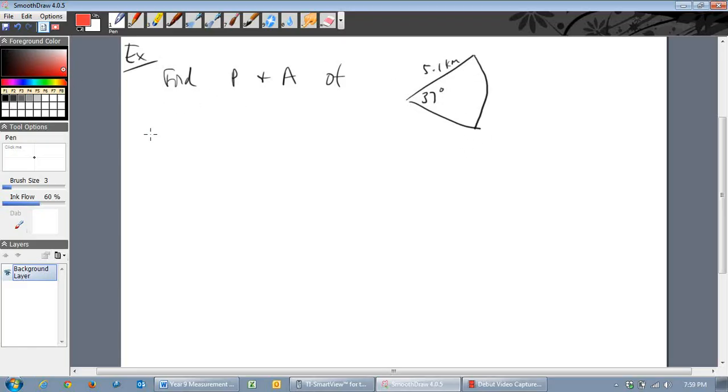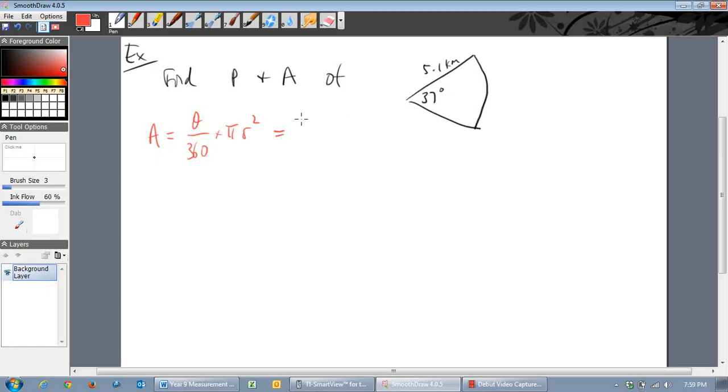Okay, so let's do this. Let's do the area, plug it into the formula. The angle is 37, so the fraction of a circle is 37 over 360, and we're going to times that by pi r squared. There's the formula, over 360 times pi r squared.